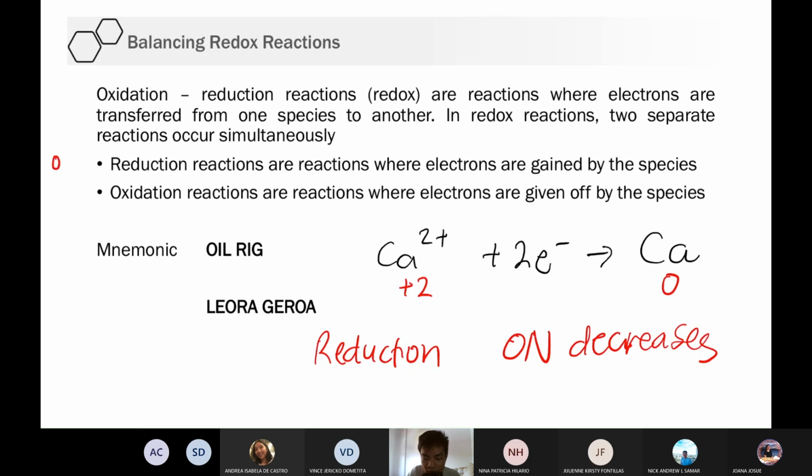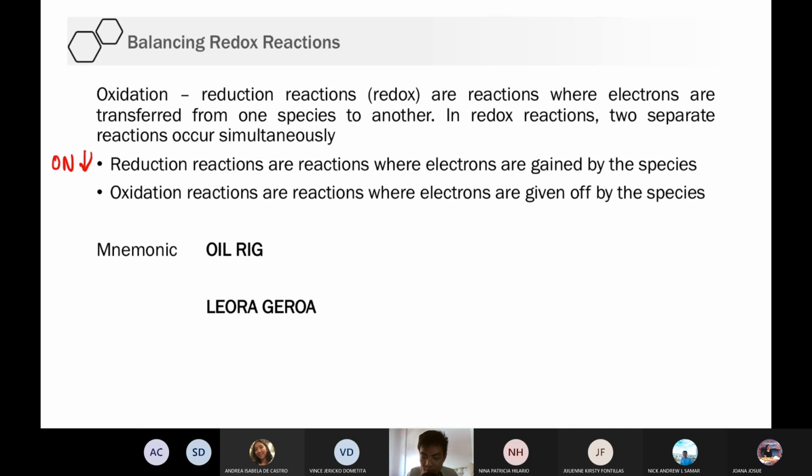Pag reduction, ang oxidation number ay bumababa after the reaction. How about, may examples pa naman tayo later, don't worry. How about this one? How about this one? Mamaya, kwento ko kung paano ginagawa to, ha? Didiscuss ko yan, don't worry. How about this one?